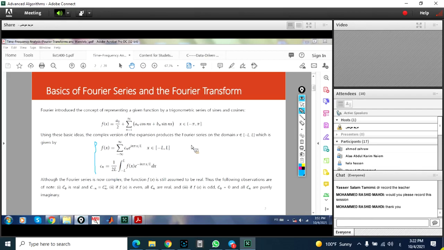For example, if f(x) is real, then C_n is equal to the conjugate of C_minus n. We can prove it.